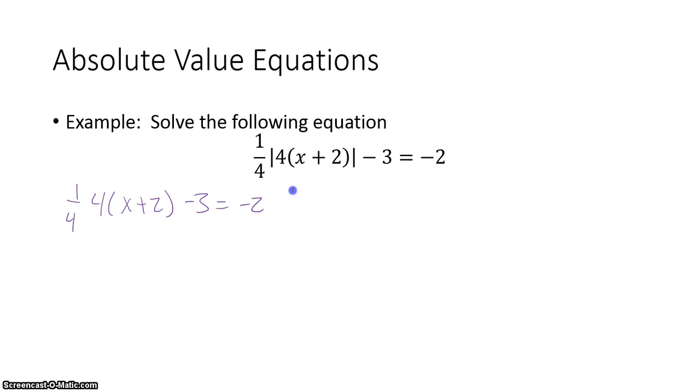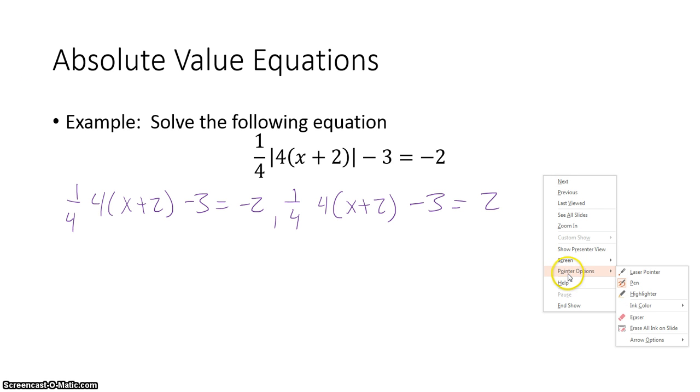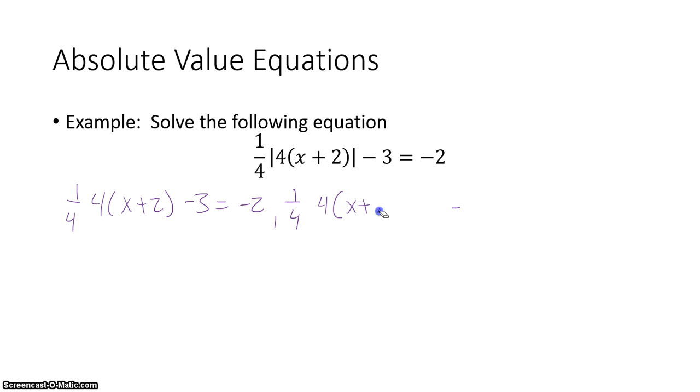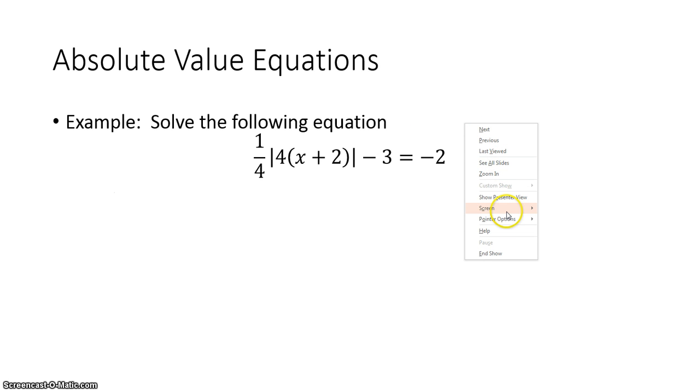Similarly, 1/4 times the absolute value of 4 times x plus 2, minus 3 equals positive 2. Writing it once with the number and once with the negative of that number. But we would run into problems with this because what we need to do first is isolate this absolute value and whatever's in the absolute value.